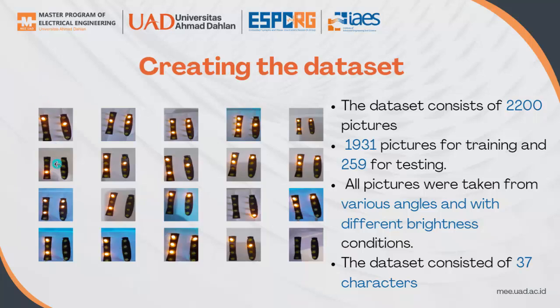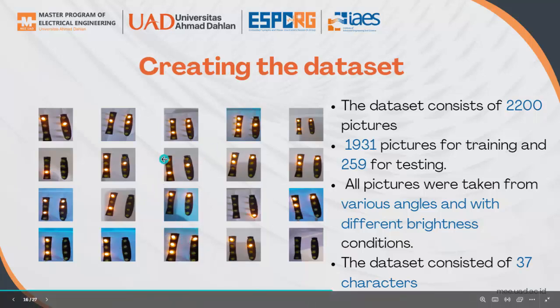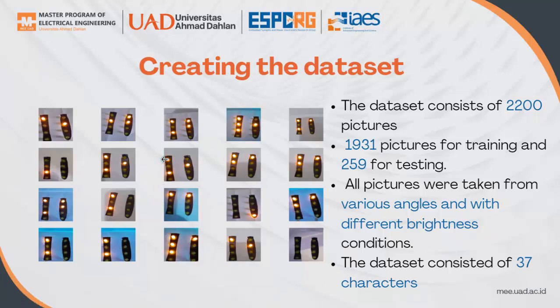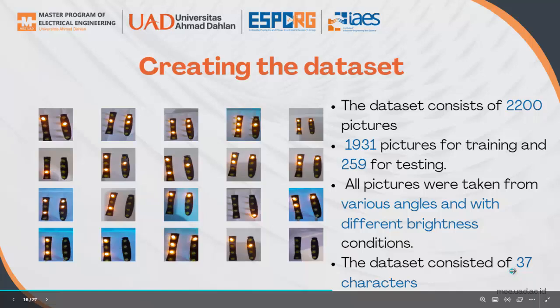So we made many scenarios of how a person will use our device. The set consists of 37 characters as the Braille characters.